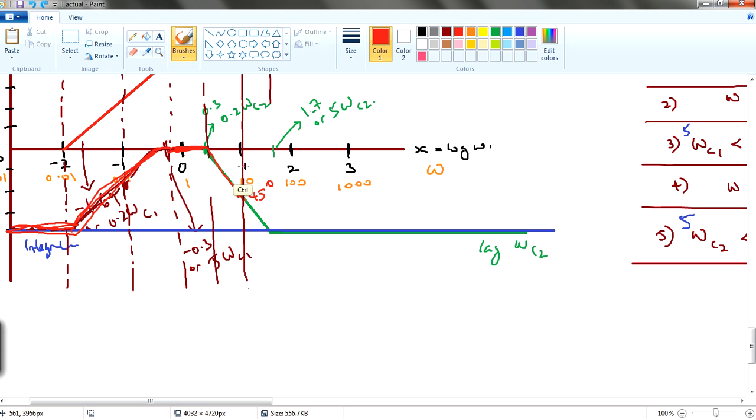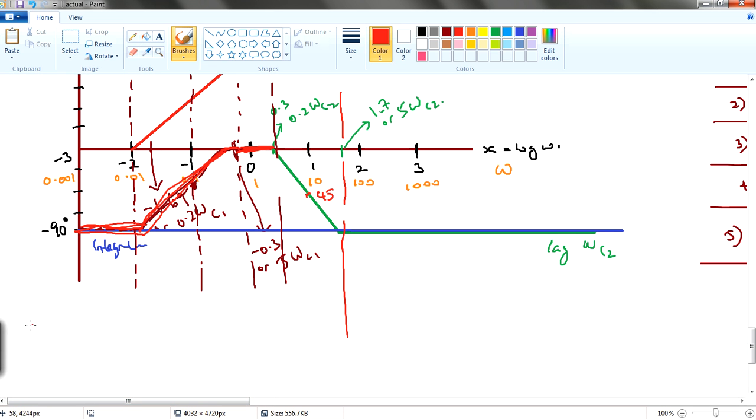So maybe at this point this is 180 degrees. At this point, I should be talking about this point, 90 degrees, because I calculated wrongly. Sorry, my fault.